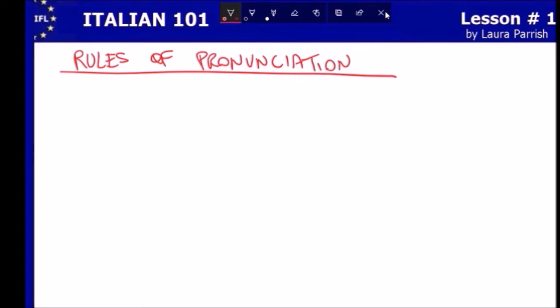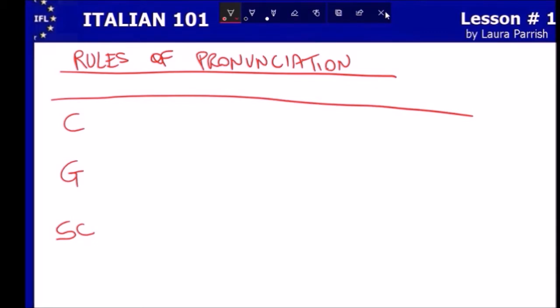The rules of Italian pronunciation are about three vowels, this letter C, G, and this sound. Okay.